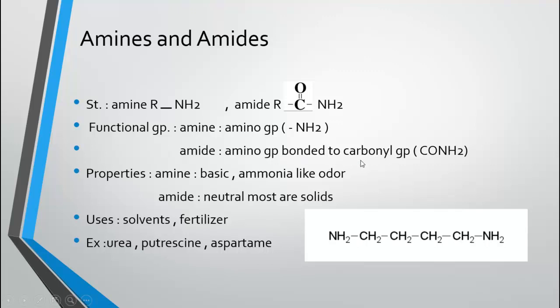So we have two groups together, amino with carbonyl, which is CONH2. The properties of amine: it's basic and has an ammonia-like odor, and the amide is neutral and most are solids. They are used in solvents and fertilizers, like urea, trypsin, and aspartame, and this is the structure for butyramide.